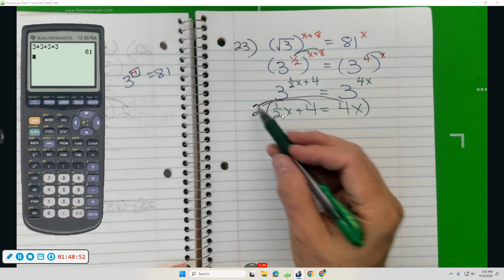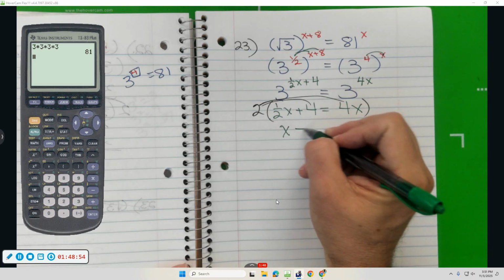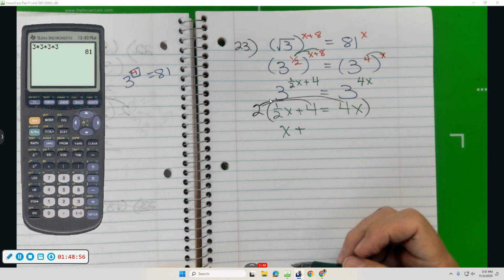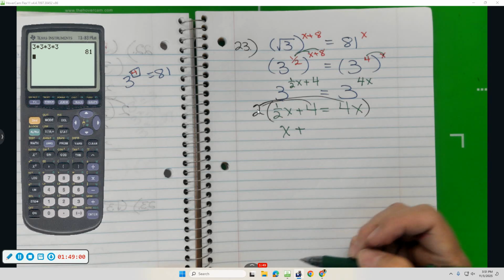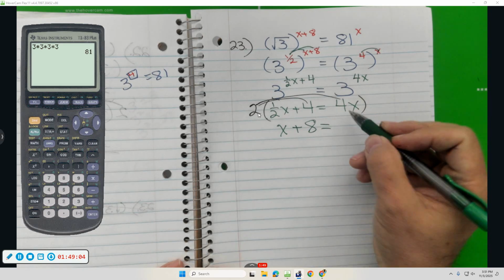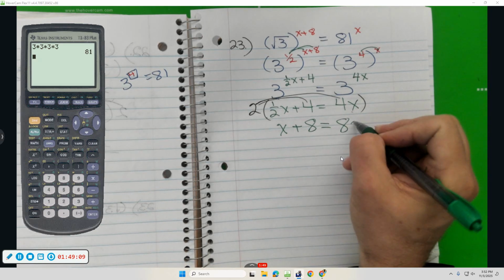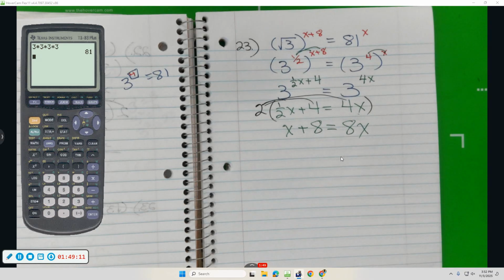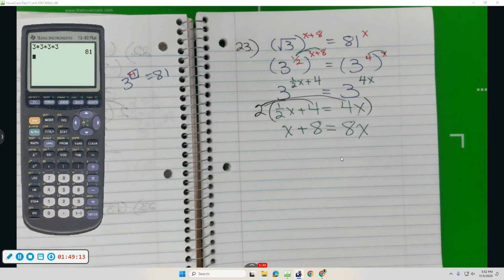Just 2, the 2's cancel, so you have a 1x plus here. Two times 4 is 8 equals here 8x. And I'd combine the x terms on the right.